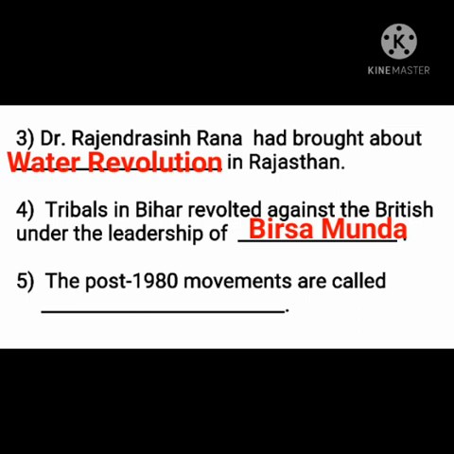Now the fifth one, read: the post 1980 movements are called dash. So the answer is neo-social movement. Neo means new. So new social movements took place after 1980 and those movements were issue based.